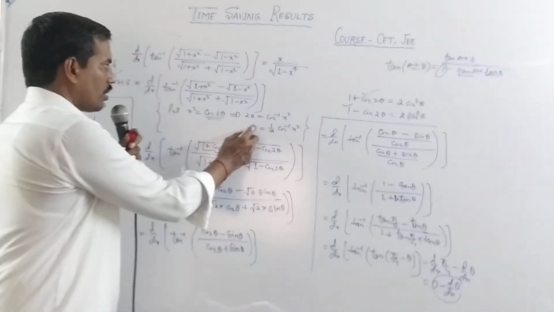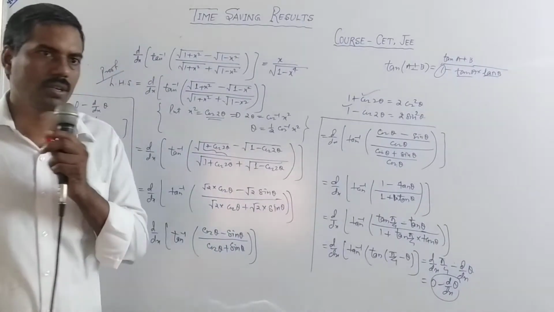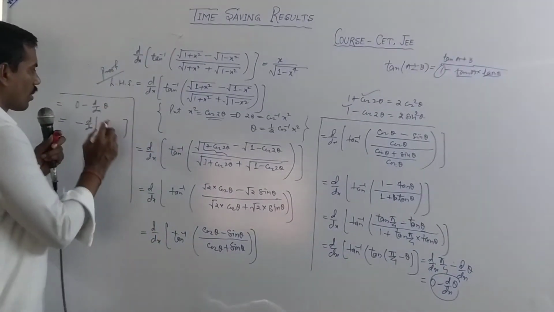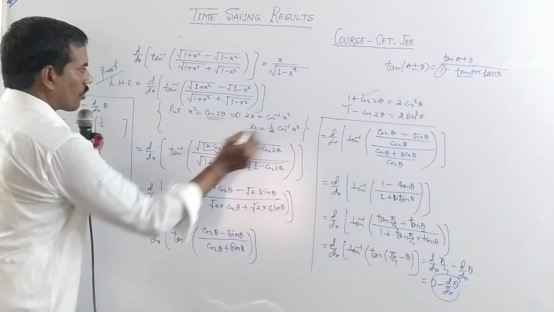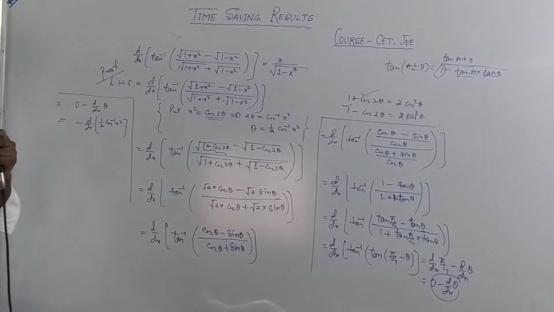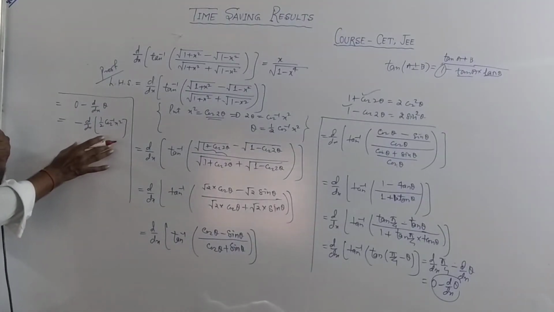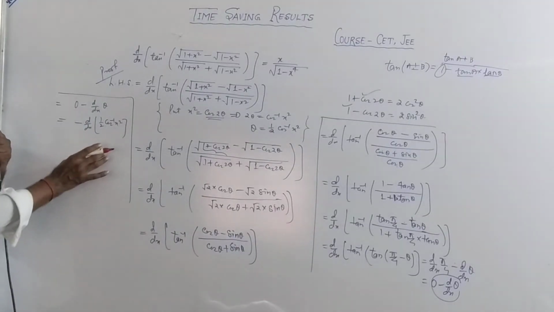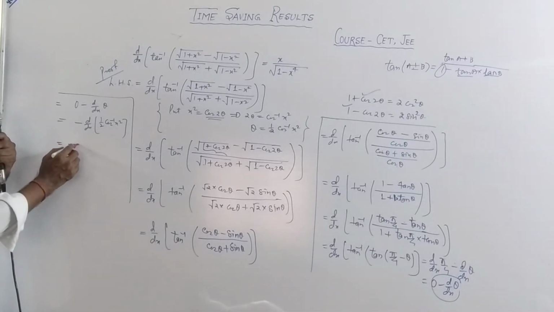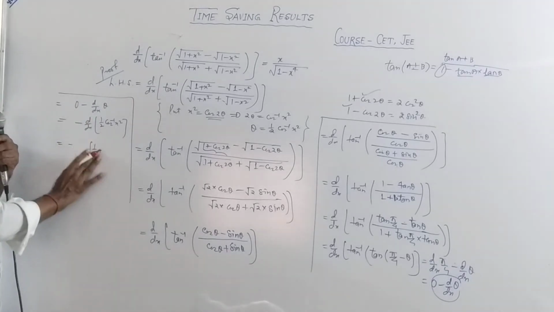Since theta in the form of x, we have to write it as 1 by 2 cos inverse of x square. Okay, students, you are seeing this point. This is equal to minus d by dx of 1 by 2, and 1 by 2 is a constant.